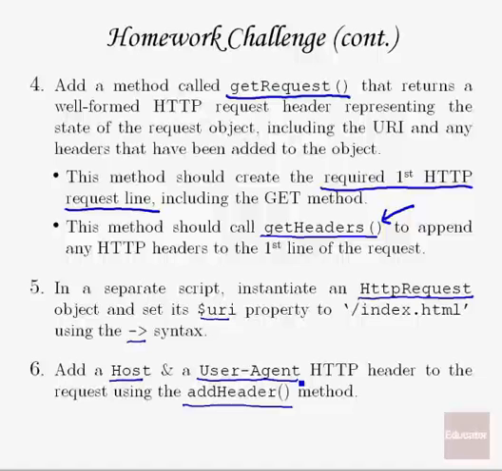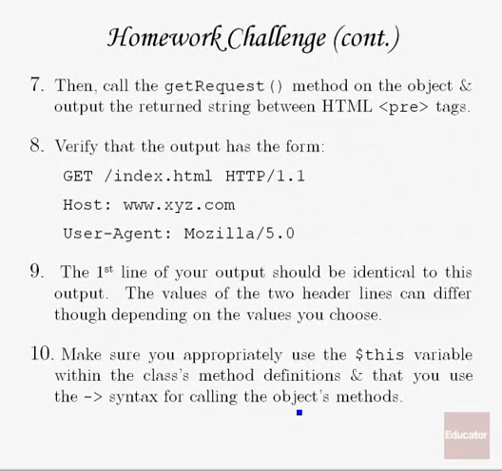It's not as important for the example, but just the fact that you're practicing using object methods. Then call the getRequest method on that object, and output what it returns in between pre tags, which is going to show the output formatted in sort of a computer text format, like down here. And then verify that your output has the form shown here.